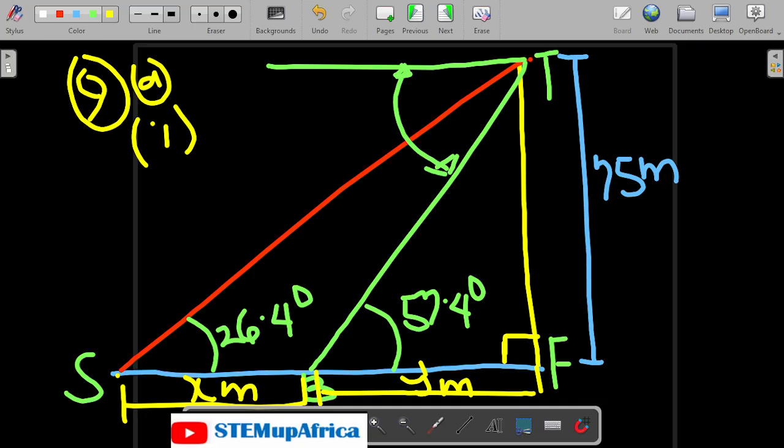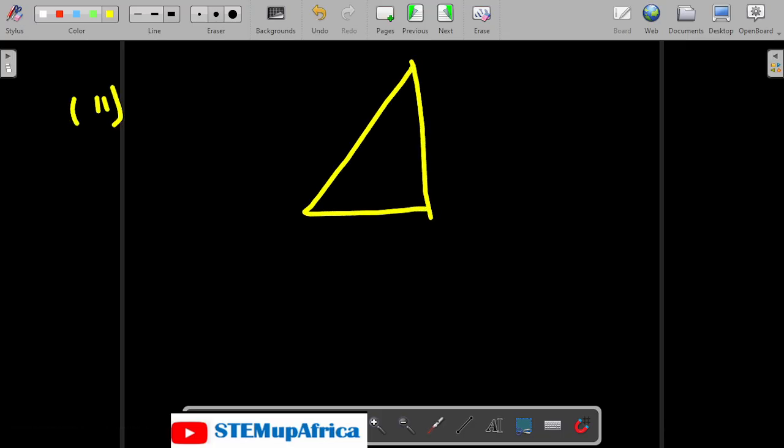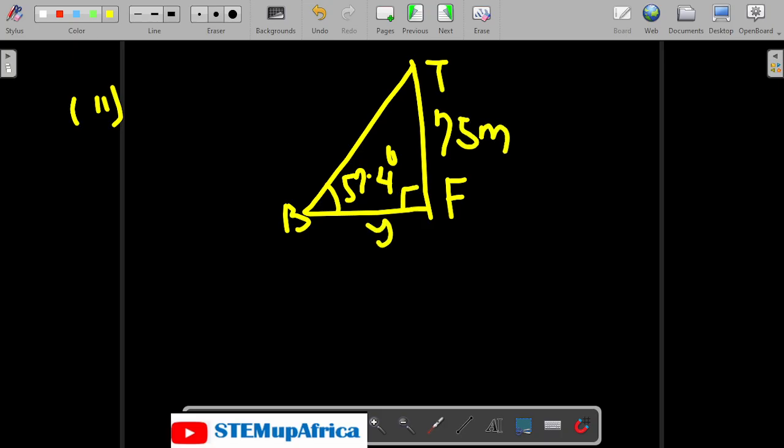So let's consider triangle TBF. This is T, this is F, this is B. The angle here is 57.4 degrees. Here is my 75 meters, and here is Y. I can simply apply SOHCAHTOA to find Y. I have opposite and adjacent, that is tan.